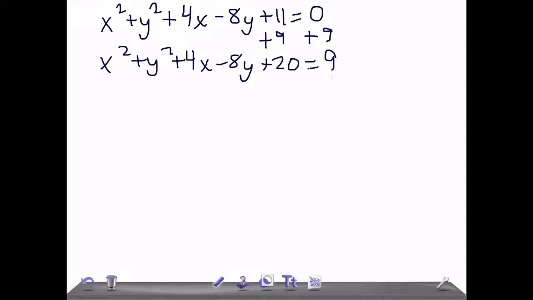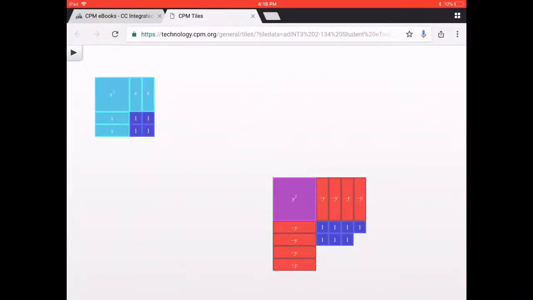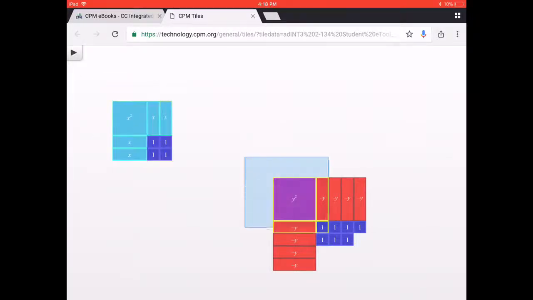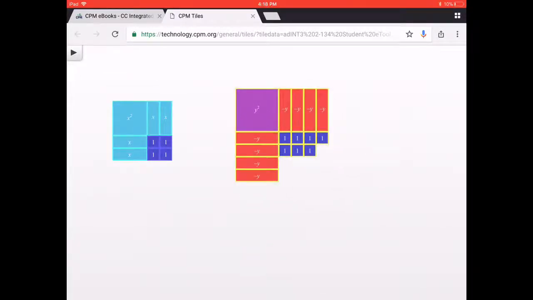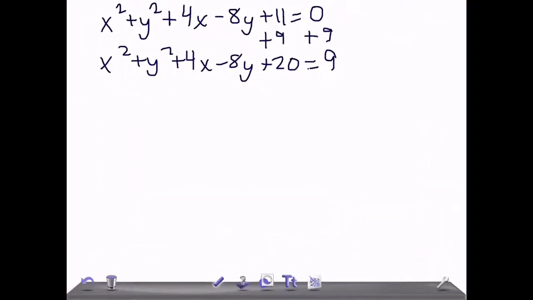And then what we're going to do is make it look like the algebra tiles. So here I have x squared plus 4x plus 4. And here I have y squared minus 8y and plus what should be 16 if we add those 9 tiles. So I'm going to separate them so that they look like that.